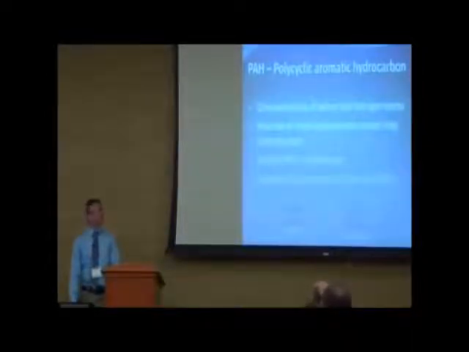PAHs are polycyclic aromatic hydrocarbons. They're composed solely of carbon and hydrogen atoms and have two or more fused carbon rings. The simplest one is naphthalene, and you can see that on the slide. If you add more and more rings, they get more and more complicated and compose a large group of 200-plus compounds.